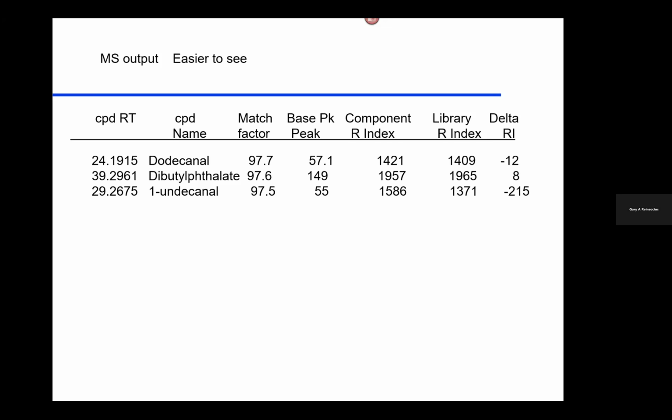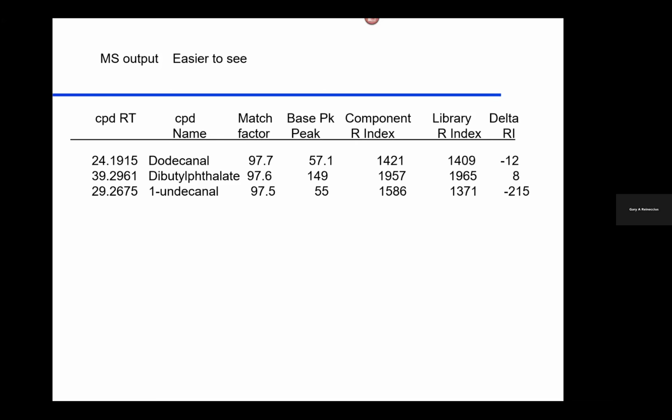We have another compound eluting in this mass that I showed you. That's 1-decanal, and the best guess is a match of the same 97.5. We look at that and say, well, that's a good match on the mass spectrum. But we look over here, and the component RI is 1586.